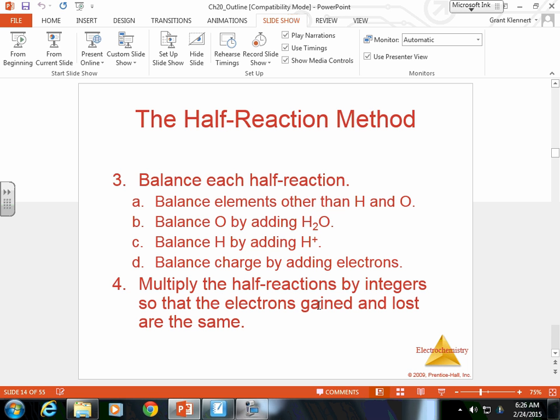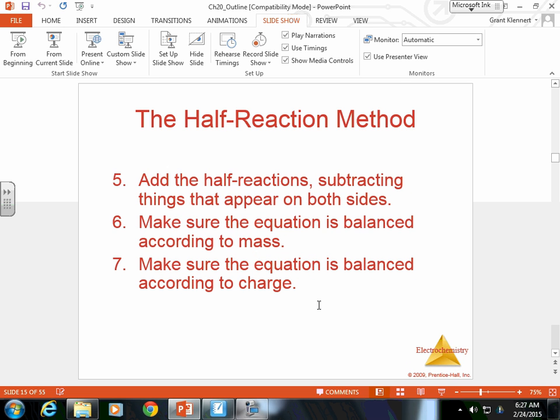Then you're going to balance any additional charges by adding electrons. You're going to multiply the half reaction by an integer so that the electrons gained or lost are the same. You have to have the electrons lost and the electrons gained be the same. You're going to add the half reactions together, canceling out the things that appear on both sides. You're going to make sure the equation is balanced according to mass, and then you have to make sure the equation is balanced according to charge.